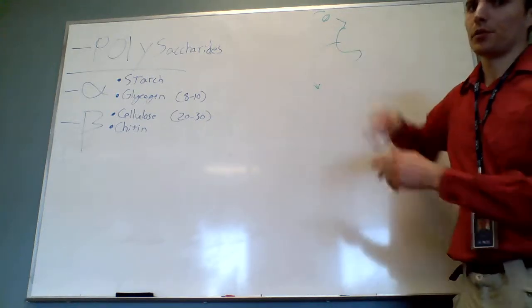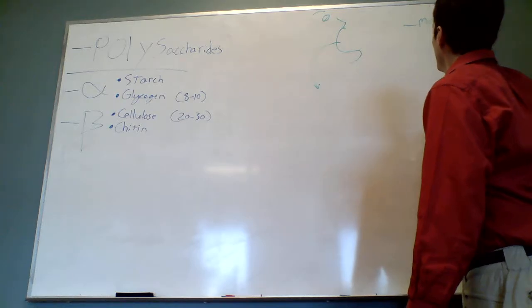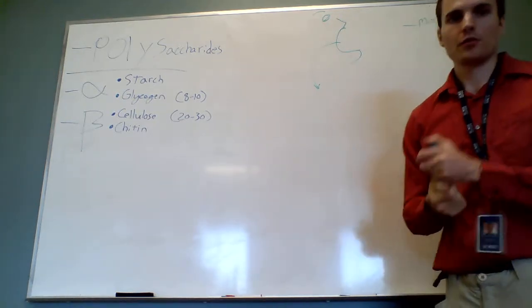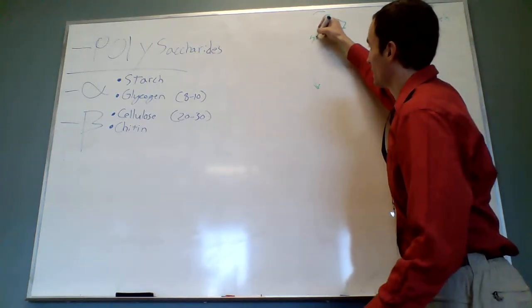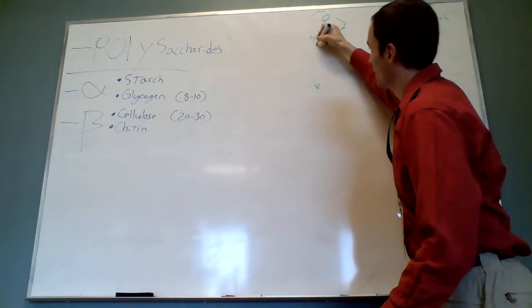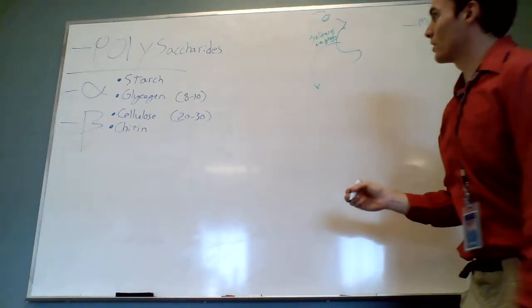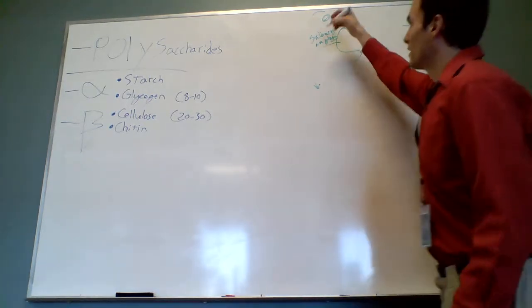Two things happen in the mouth. So the first thing you want to remember is mouth. The mouth has chewing, or mastication, and then it also has salivary amylase. We can tell by the last three letters of amylase, ase, that it's an enzyme, it breaks things down.